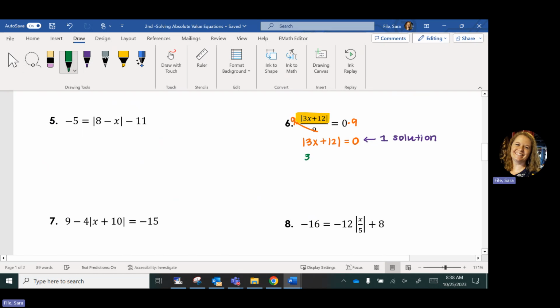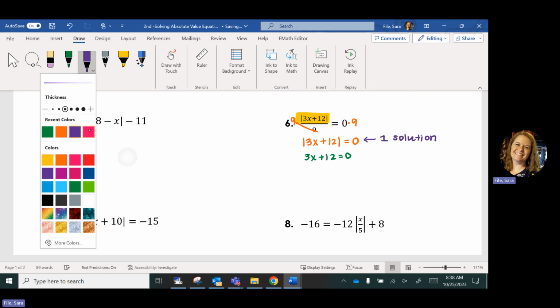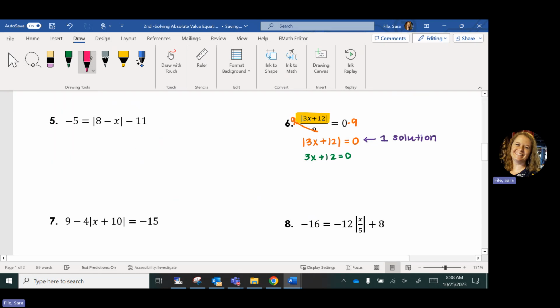I'm going to drop those absolute value bars and say, okay, 3x plus 12 needs to equal 0. Now I'm going to solve that. How am I going to solve for x? Now it becomes a basic algebra problem. I'm going to minus 12. Good. Move that constant to the other side. And then what? Divide by the 3. Get rid of that coefficient.